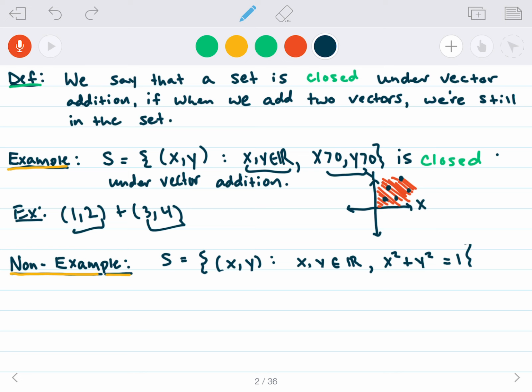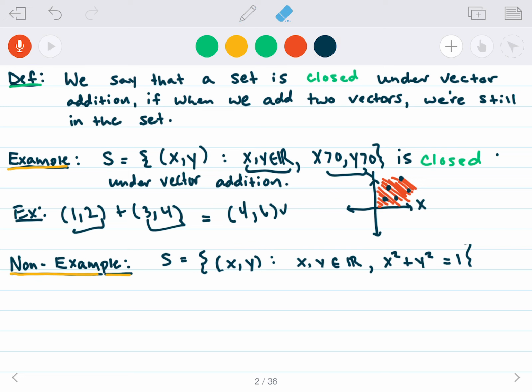When we add them together, we get 1 plus 3 is 4 and 2 plus 4 is 6. This is also positive. So any two vectors where your x and your y are positive, when you add them together, you're still going to get a positive answer. That's what it means to be closed under addition. It means that addition is not going to kick anybody out of the set.